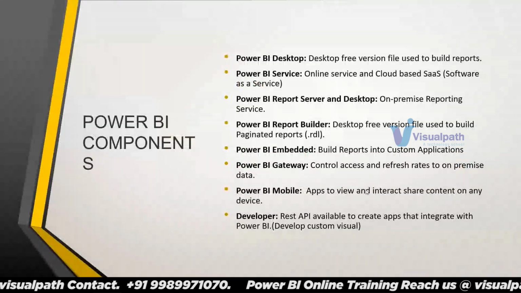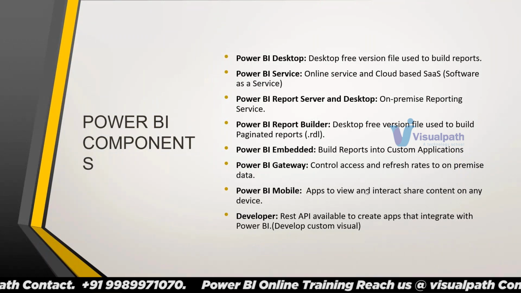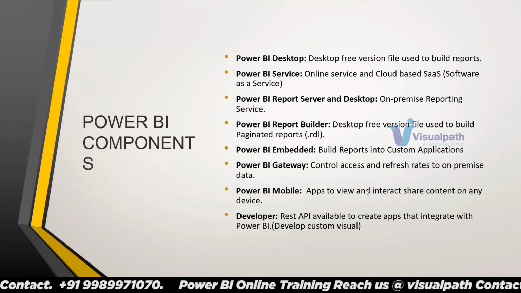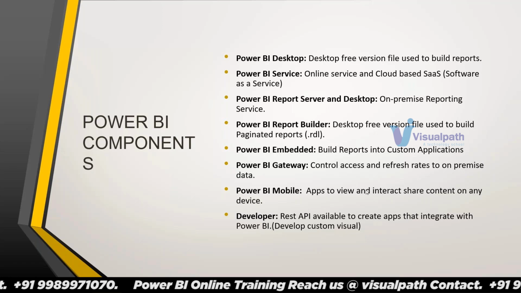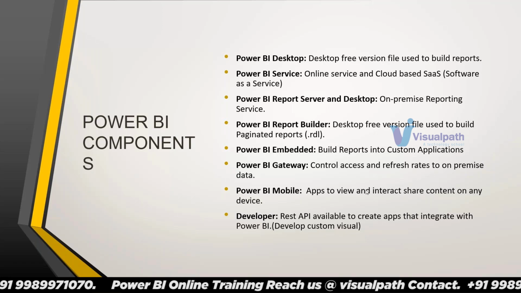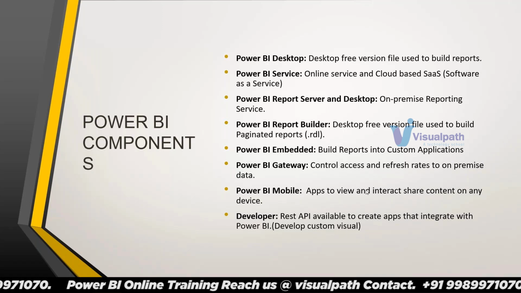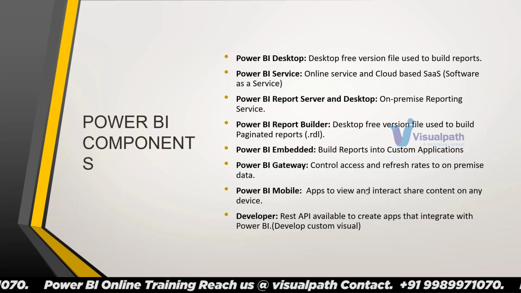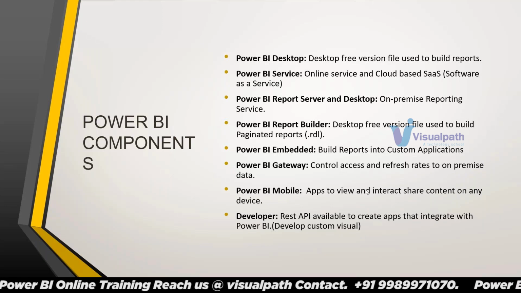So coming to the components again. If you would have heard about Power BI, they would have just told you, oh, you have something called Power BI Desktop where you build the reports, clean everything, and you publish on the Power BI service. You can publish online. But other than that, many of them don't know there are different components and different tools in Power BI.